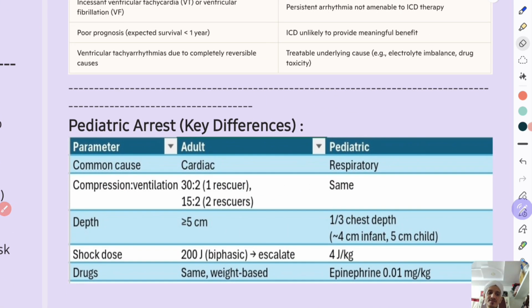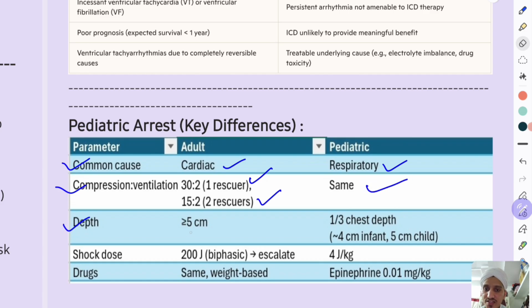Now some points, we have completed almost the topic of sudden cardiac arrest in detail. Differences between pediatric cardiac arrest and adult cardiac arrest. Common cause in adults is cardiac, in pediatric it is respiratory. Remember, compression ventilation ratio is 30:2 for one rescuer, 15:2 for two rescuers in pediatric.